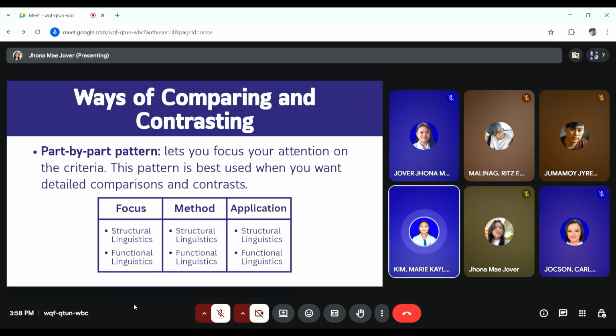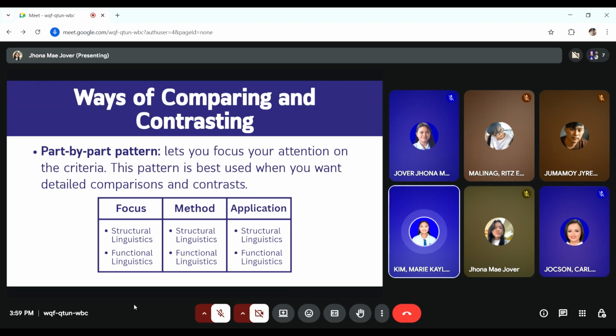So, to summarize, both patterns are effective depending on the purpose of your writing. The whole by whole pattern discusses one subject completely before moving to another. It gives a big picture understanding. On the other hand, the part by part pattern compares subjects point by point based on criteria.